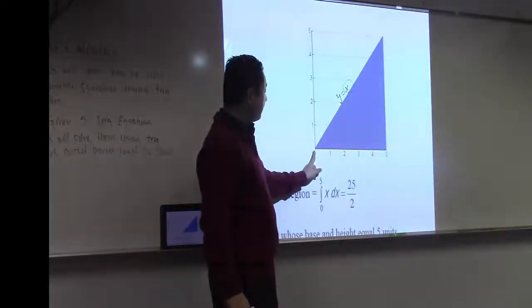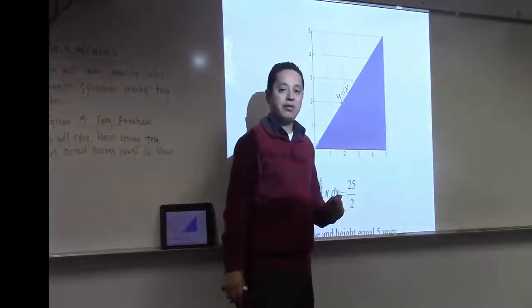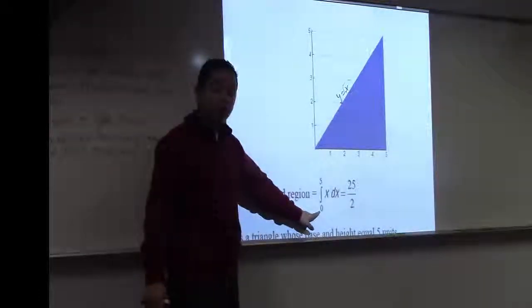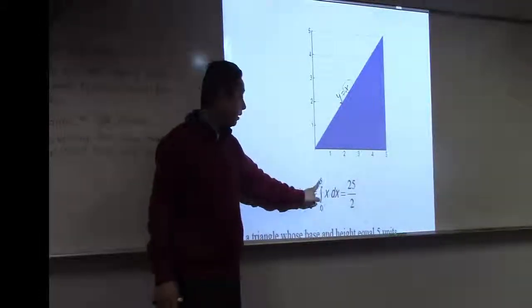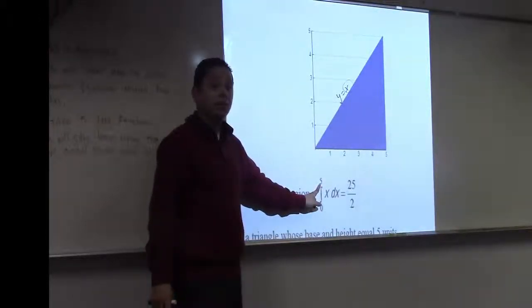Now, why did I start at 0 and why did I stop at 5? Where do you think those numbers came from? Well, you're right. It actually came from the lower bound and the upper bound. So in other words, the lower bound and the upper bound are x values on the x and y plane.